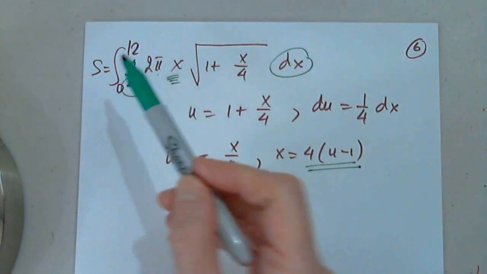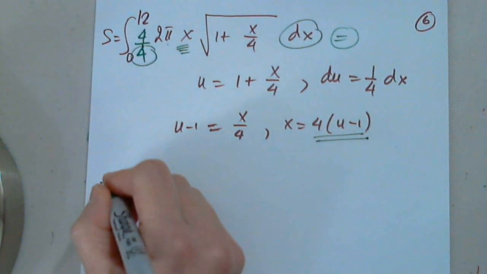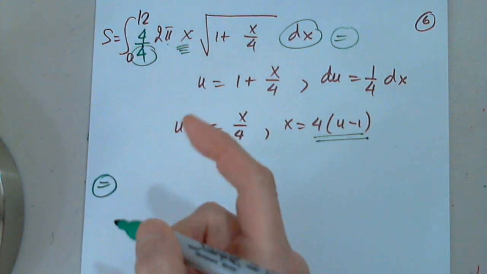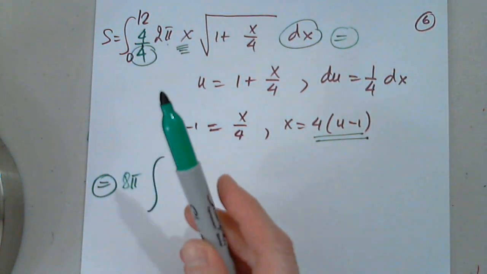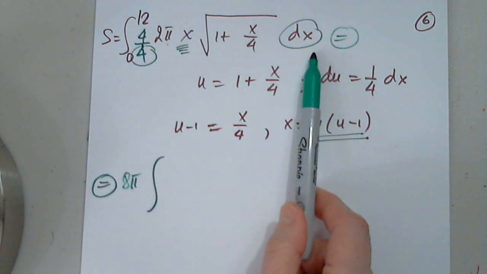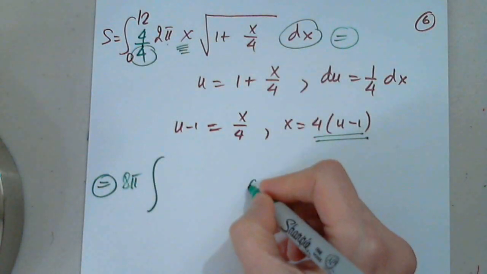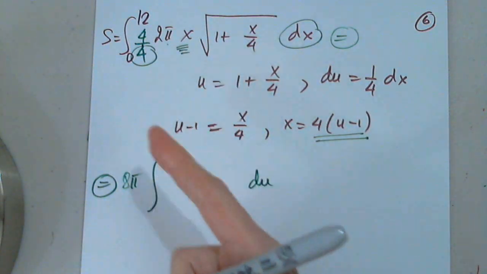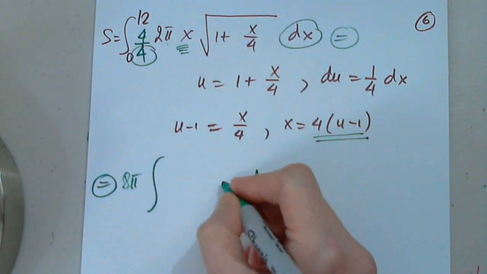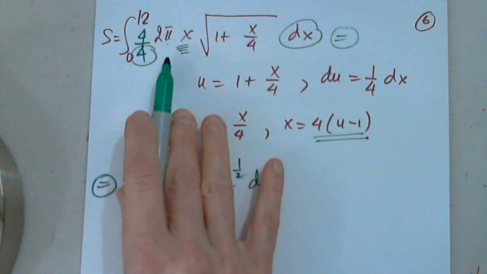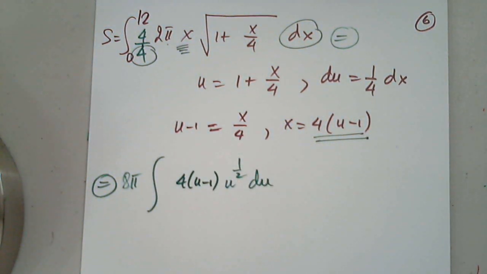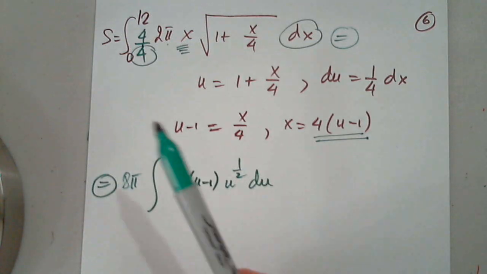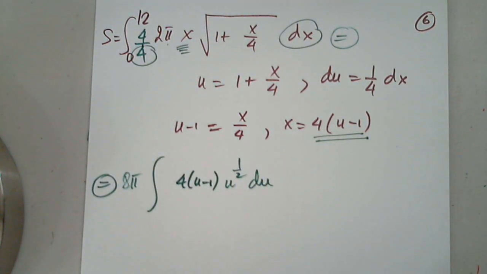So 2 pi times 4 is 8 pi. Okay, the integral of, one more time, 1/4 with the dx is the du. The square root is the square root of u, or u to 1/2. X is 4 times (u minus 1). And that's it.